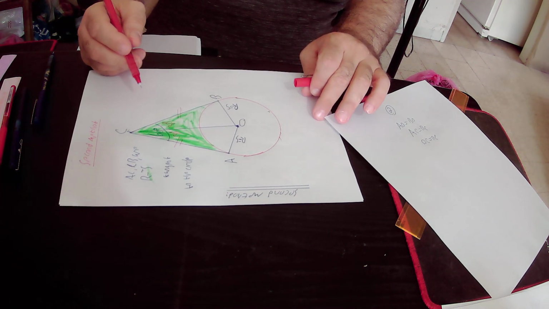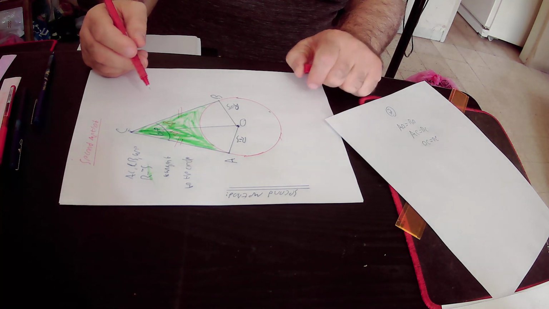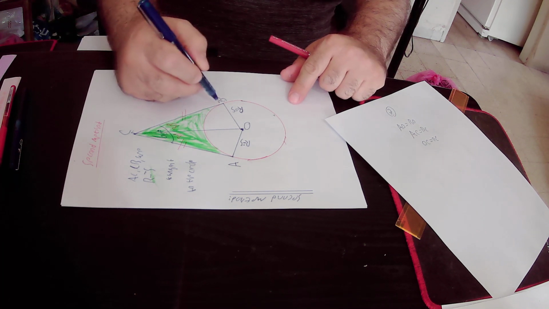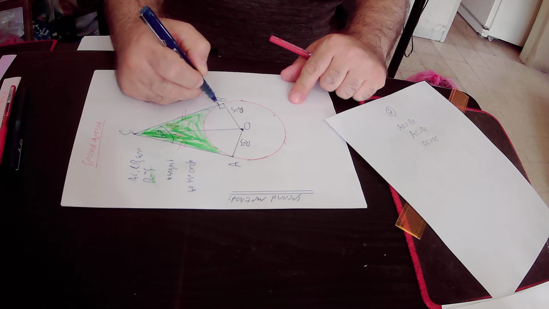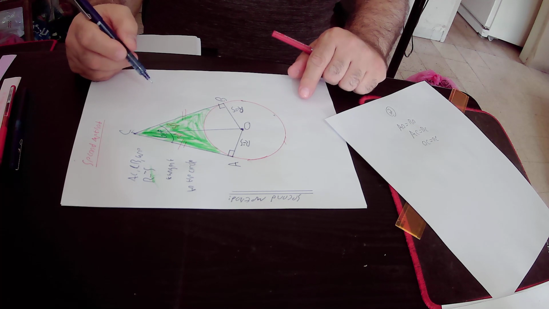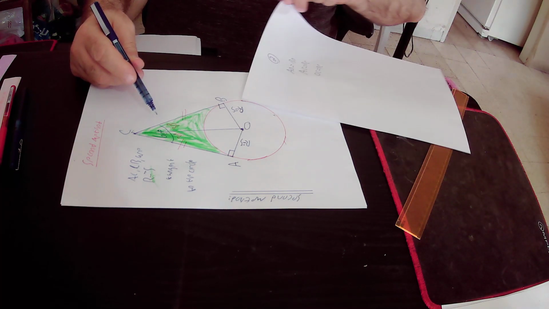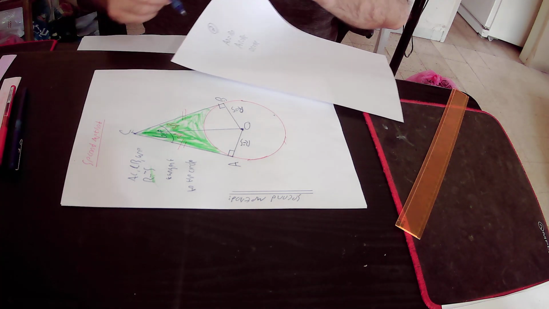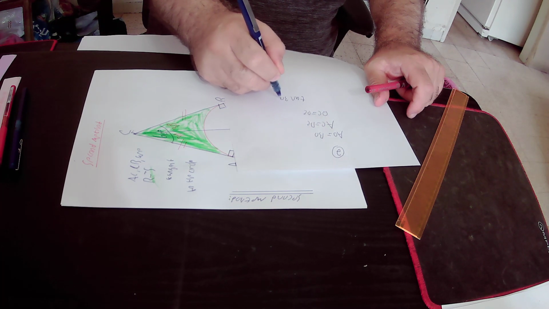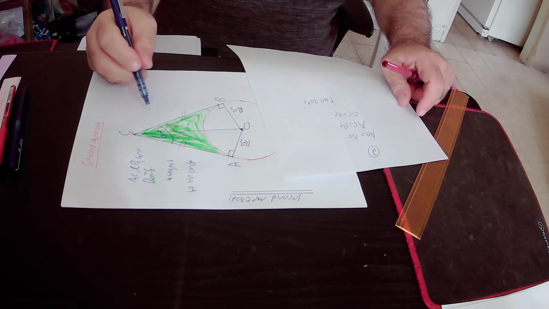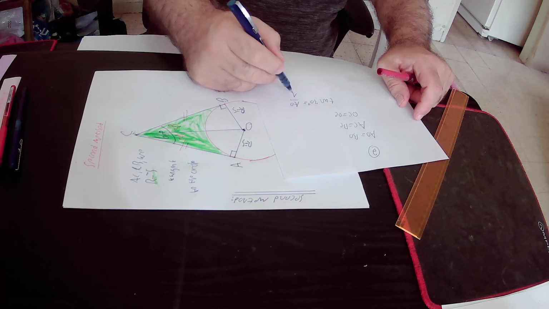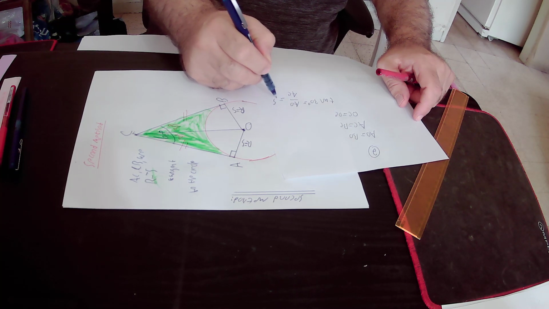And we know also that this angle is 90 degrees, this angle also equals 90 degrees. Therefore, in the right triangle AOC, tangent 30 degrees equals AO over AC, and we know that AO equals 5 units.